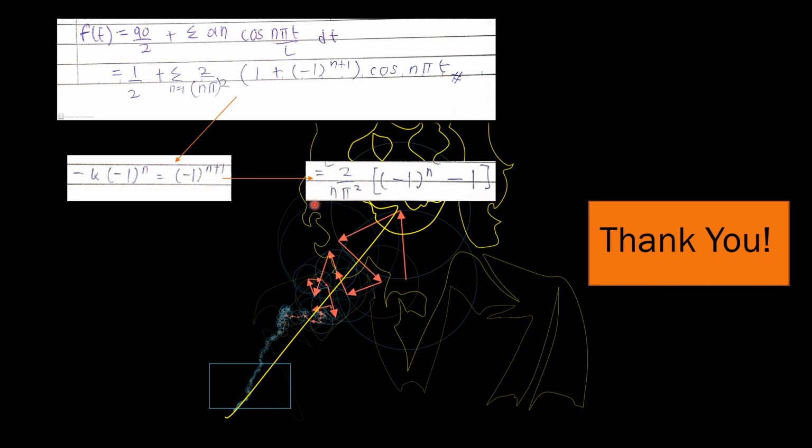So from this an, 2 over n pi squared, I put 1 in front, so it becomes 1 minus negative 1 to the power of n. To remove the negative times negative 1 to the power of n, I'm using this formula. So it will become 1 plus negative 1 to the power of n plus 1.